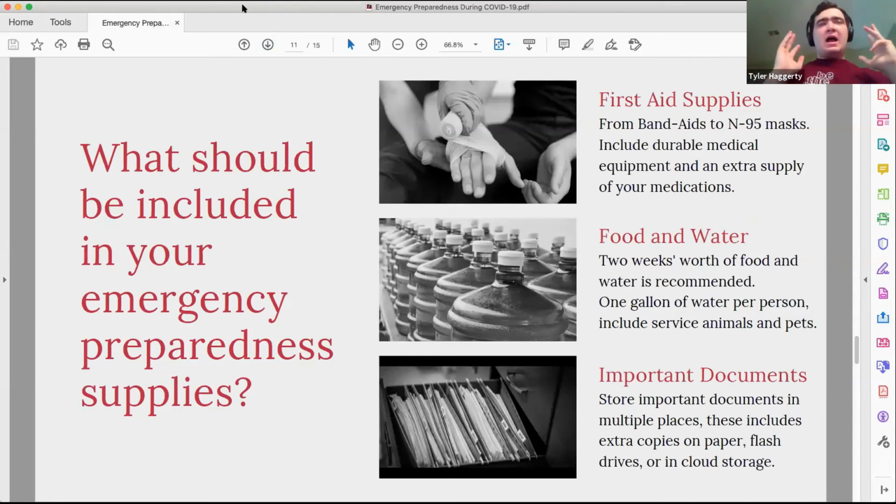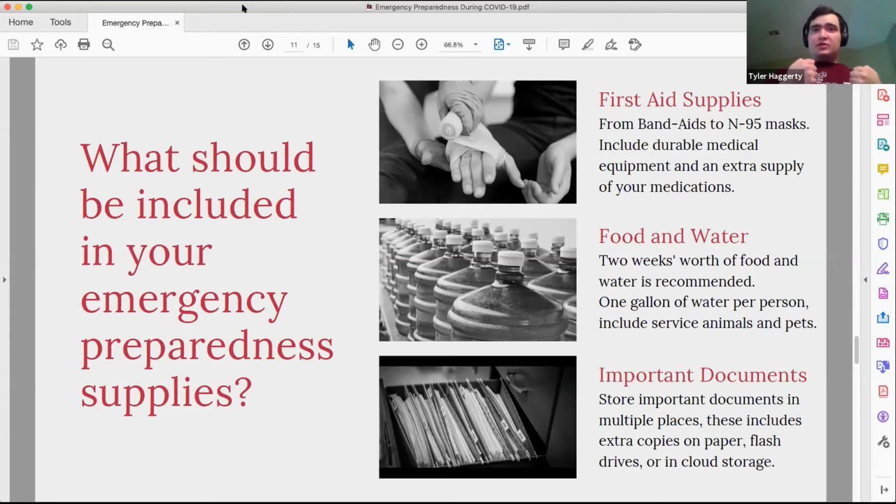So, as I mentioned a few slides back, you need to have a supply list prepared for if there is ever a need to evacuate your home or shelter in place. For first aid supplies, this can range from Band-Aids to N95 masks.